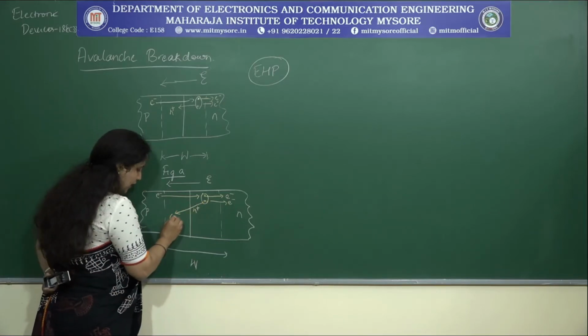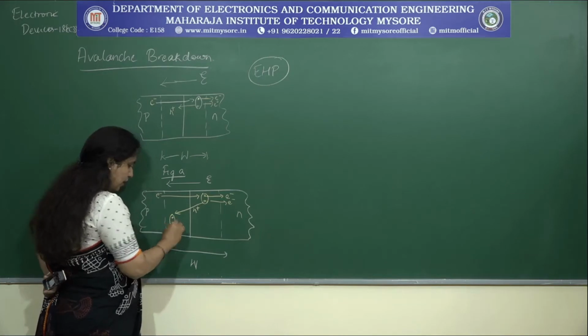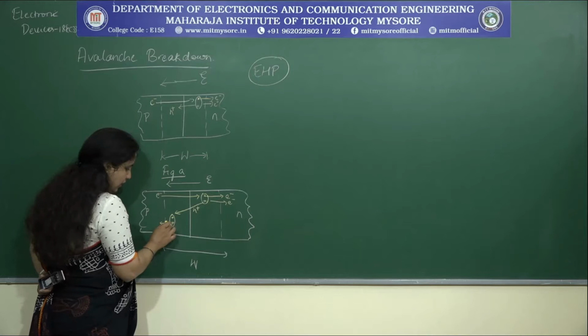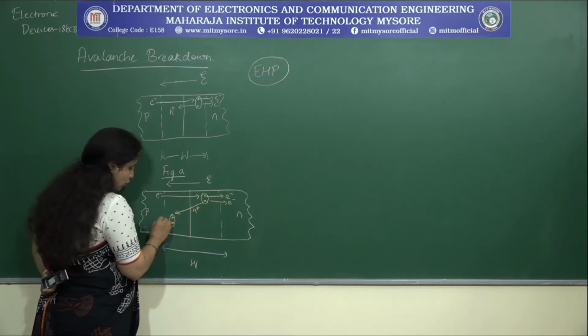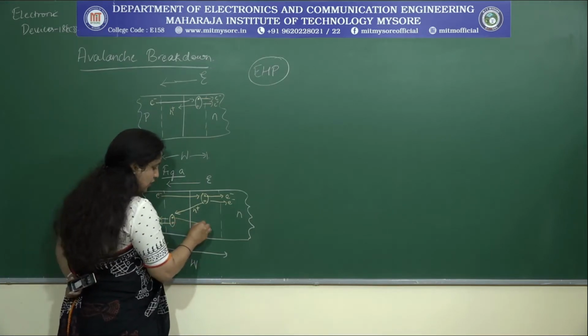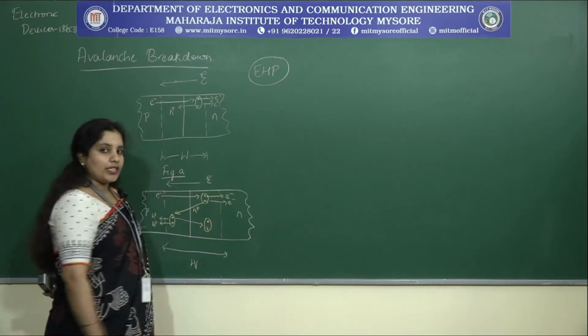Now, when this hole comes in contact with another atom, what is happening? An electron hole pair is generated, and therefore this hole along with this hole, totally two holes, are swept to the P side material. This electron tends to hit another atom and generates an EHP.